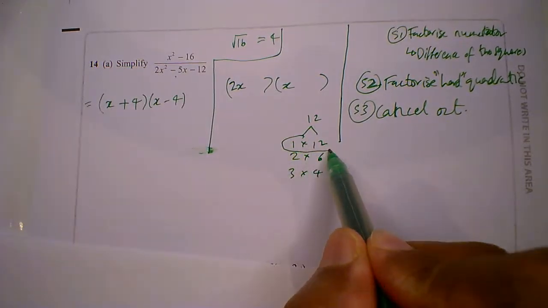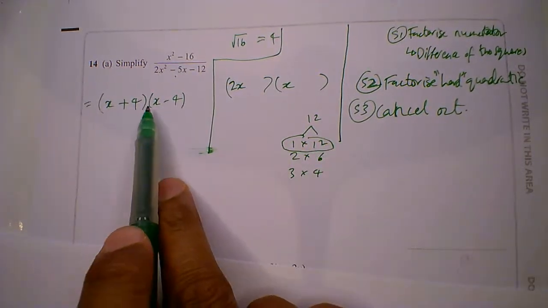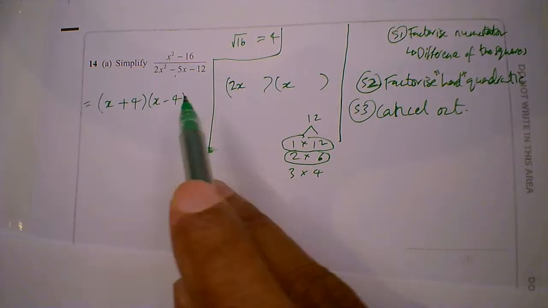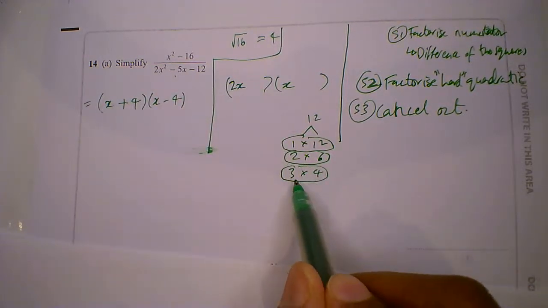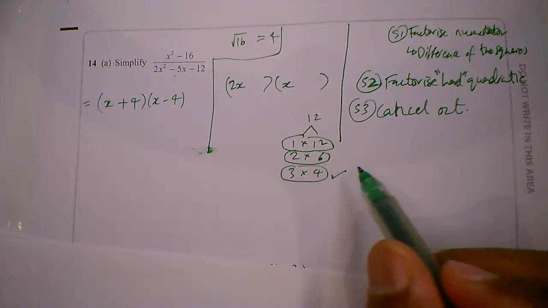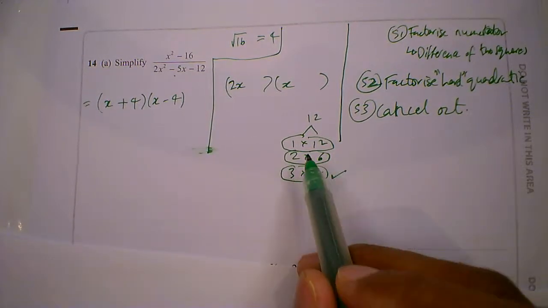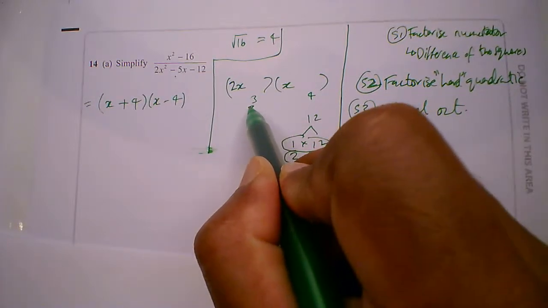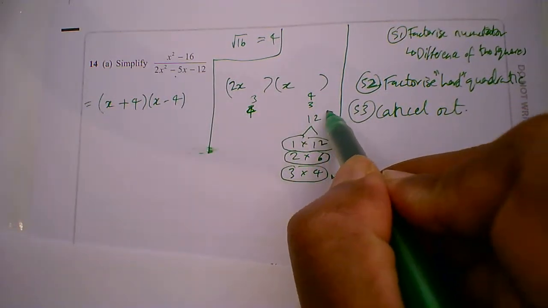Now you can see 1 and 12 here, none of that is there. 2 and 6 is not linked to 4, and so we've got 3 and 4. It must be this pair because of that. So that's a little shortcut. So we now need to decide which order it is. Is it going to be 3 here and 4 there, or 4 here and 3 here?